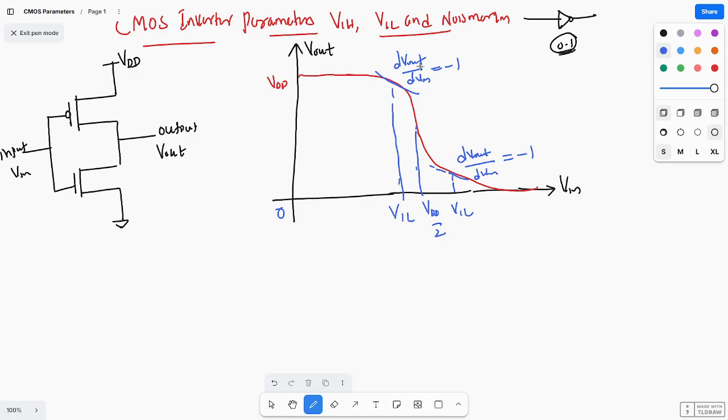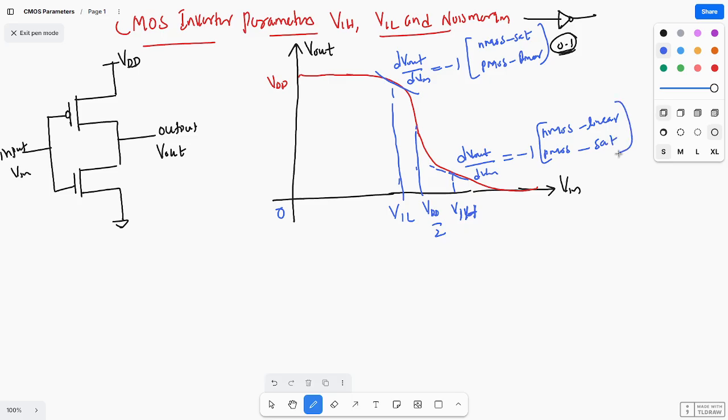During this region, NMOS is operated in saturation region and PMOS is operated in linear region. Here, at VIH, the input high voltage, NMOS is operated in linear region and PMOS is operated in saturation region.